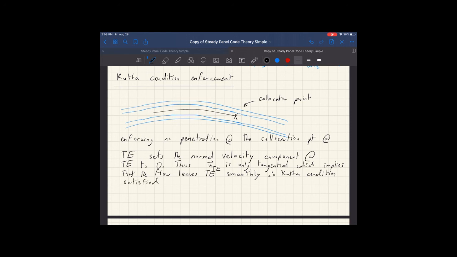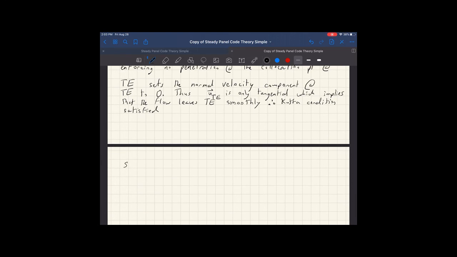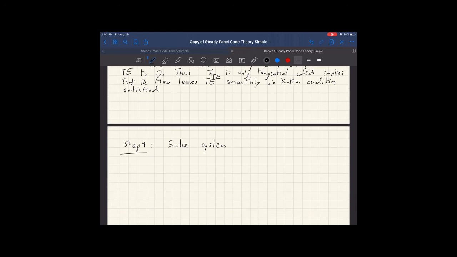Now, step 4 is actually solving the system of equations. You've set up a system such that you have an A matrix that is populated with the influence coefficients.